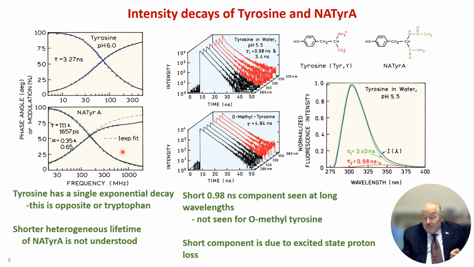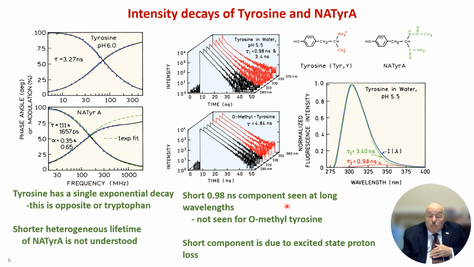This is something I don't understand and haven't seen paid attention to in the literature, but the N-acetyl tyrosinamide in this case has a shorter lifetime component, which is not understood.